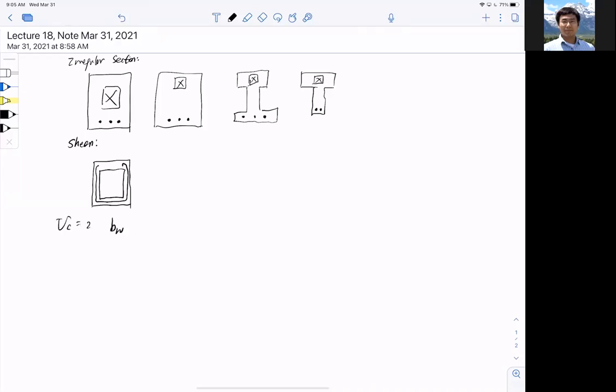Remember, Vc = 2 λ √(f'c) bw d, right? Now, d is no brainer, right? You can find it easily by finding the location of the longitudinal reinforcement. That is no brainer. It's bw that's the challenge, right?